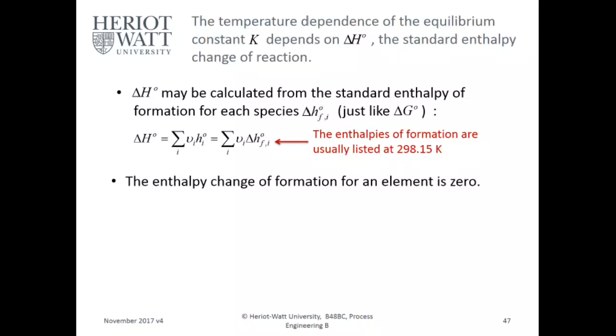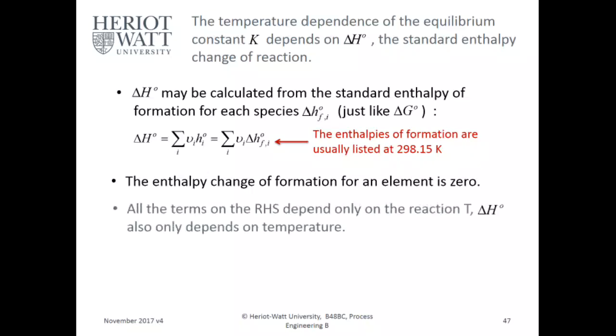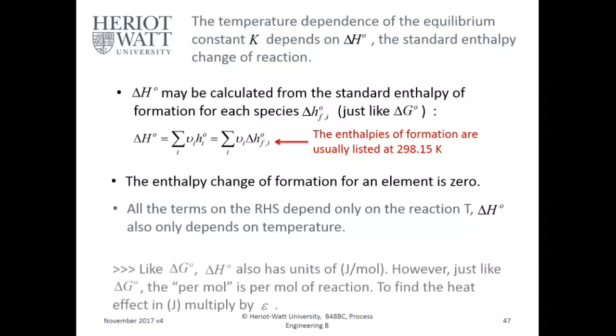The enthalpy change of formation for an element is 0. And all the terms on the right-hand side depend only on the reaction temperature. Delta H also only depends on temperature. So everything on the right-hand side depends on temperature, and delta H depends on temperature.